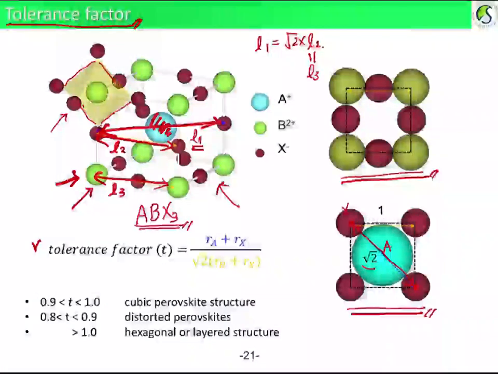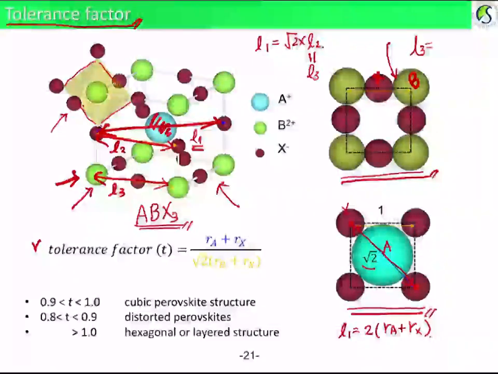So the L1 can be written by using the ionic radius of the A cation and halide anion: 2 times (Ra plus Rx). And similarly, the L3 can be described by using the B cation and X anion. So L3 should be twice times (Rb plus Rx).